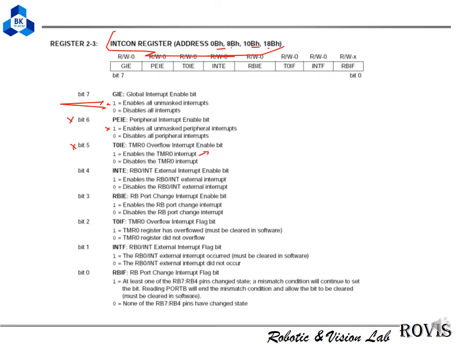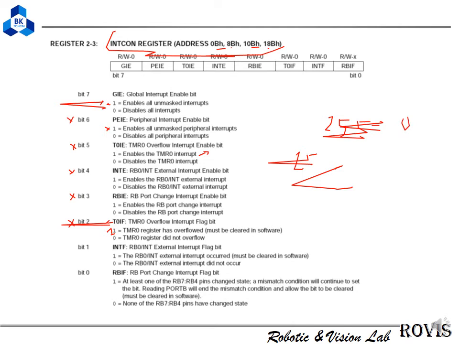We don't care about bit 4 because this one is for counter mode, this one is for another interrupt mode. When we program, we have to check this bit. If this bit goes to 1, what does that mean? That means there is a change in timer TM0 from 255 to 0.